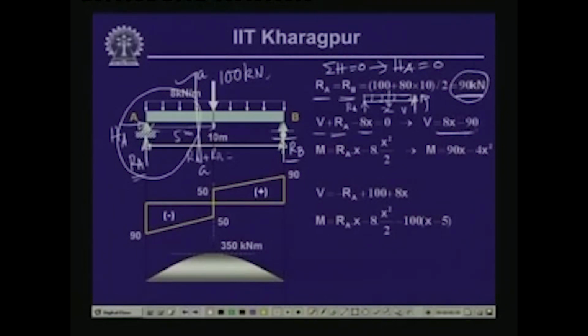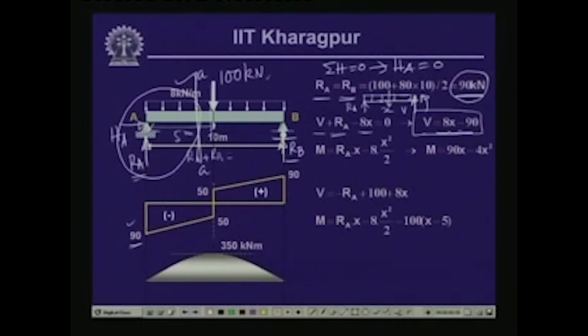This particular expression is valid because the load is constant from A up to the point where the concentrated load acts. So, just before the concentrated load, everywhere the loading situation is the same. So, the shear force will be guided by this expression. At x equals 0, we get a value of shear force equal to minus 90, and this is what is reflected over here, that at x equal to 0, the ordinate is minus 90.